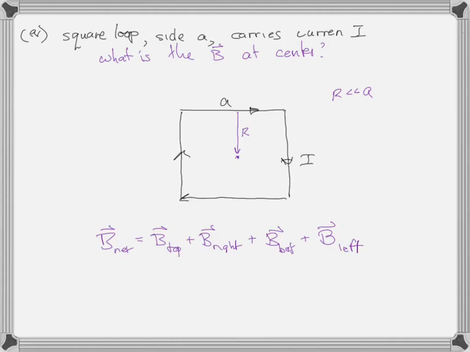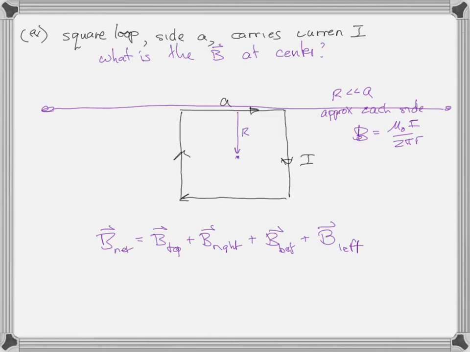But let's just approximate each wire as a long straight wire. Each side as B equals mu naught I over 2 pi R. We approximate the magnitude of the field to be that of a long straight wire. In reality, remember that when we calculated the magnetic field due to a long straight wire, the limits we used were from minus infinity to plus infinity.